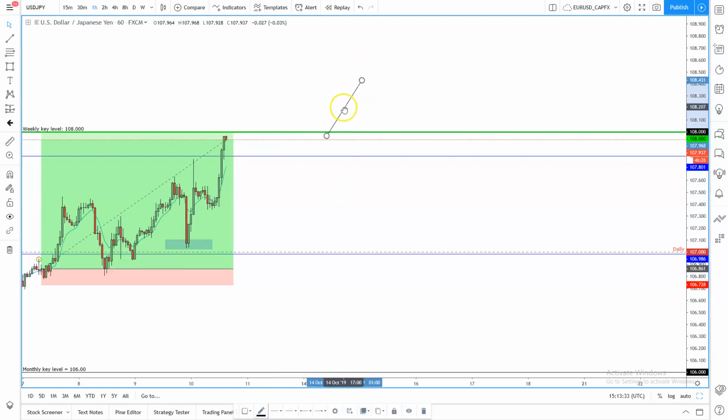So we have the left shoulder, and then price extends above this higher.